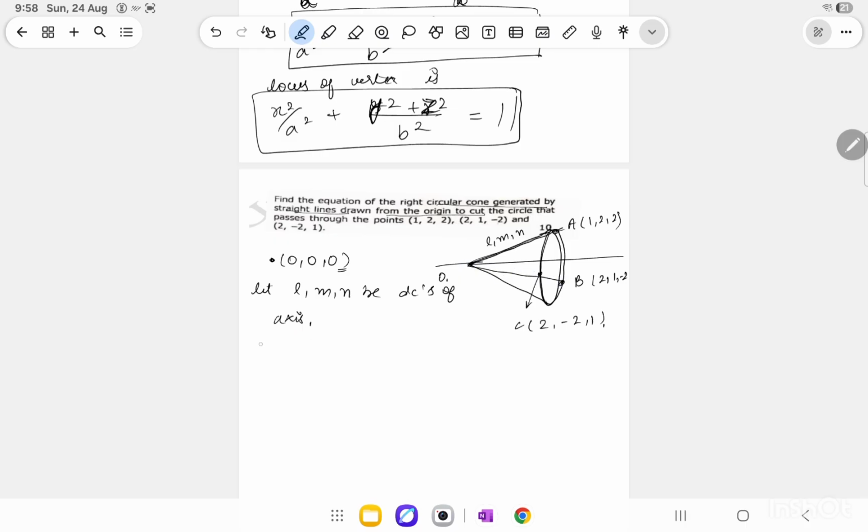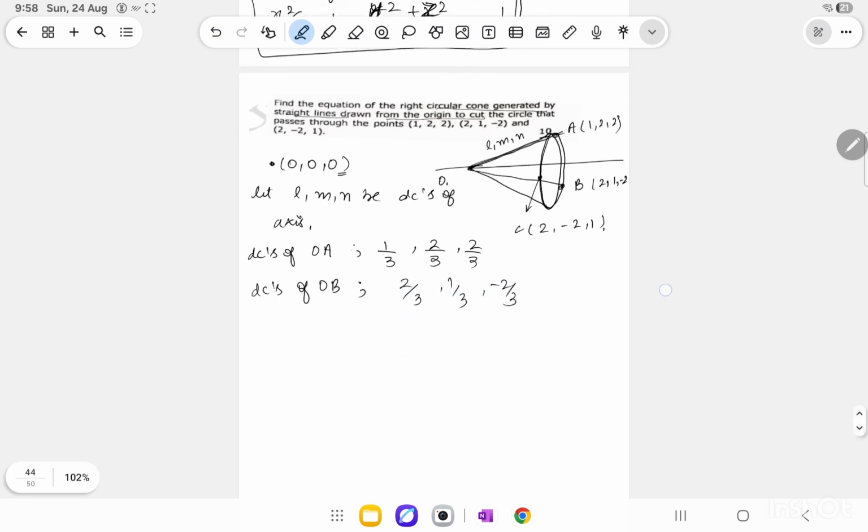So the direction cosines of OA will be 1/3, 2/3, 2/3. Likewise the direction cosines of OB will be 2/3, 1/3, −2/3, and the direction cosines of OC will be 2/3, −2/3, 1/3.